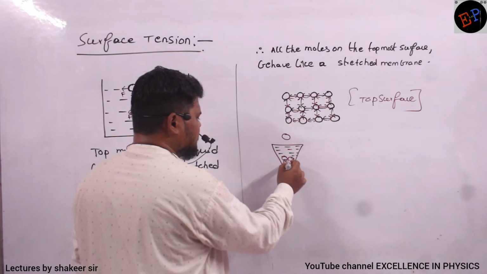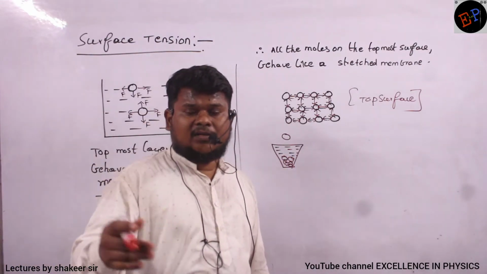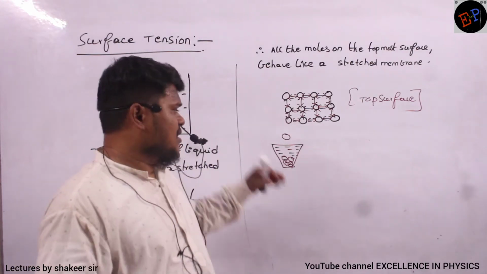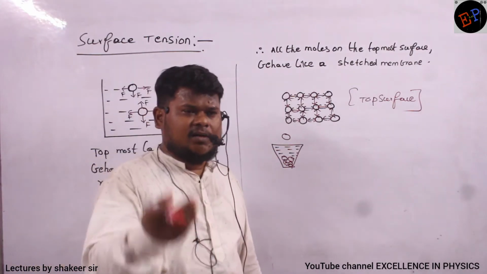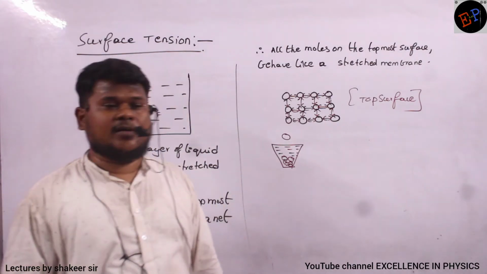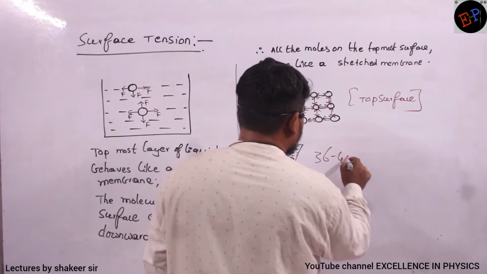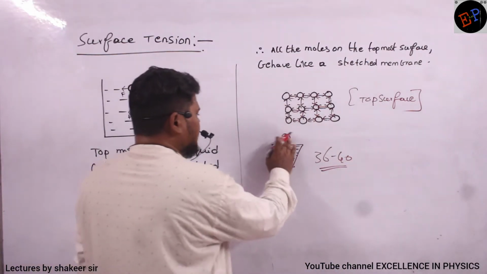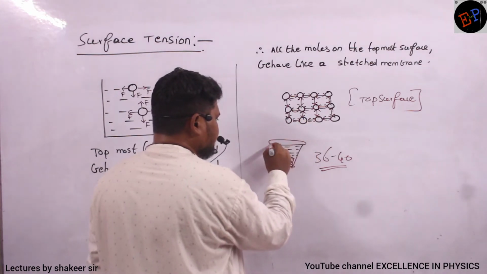Actually, we expect that water will overflow, because we have already filled the water up to the topmost level. But if I start adding coins, the overflow doesn't happen. Even if you place some 36 to 40 coins, the water will not overflow. What is the reason? Because the topmost surface of water will take this type of shape.